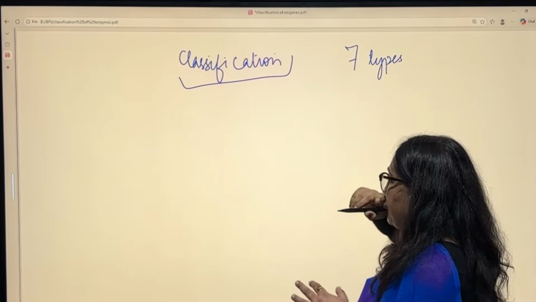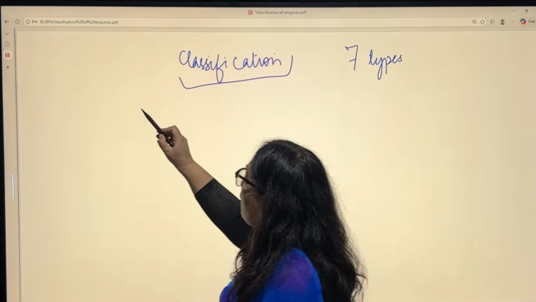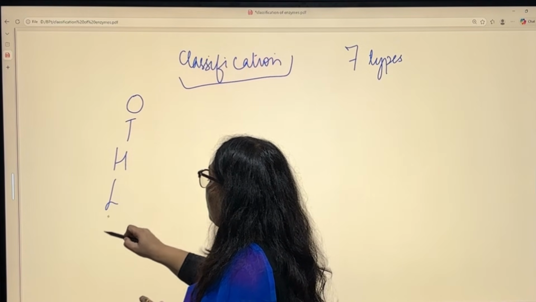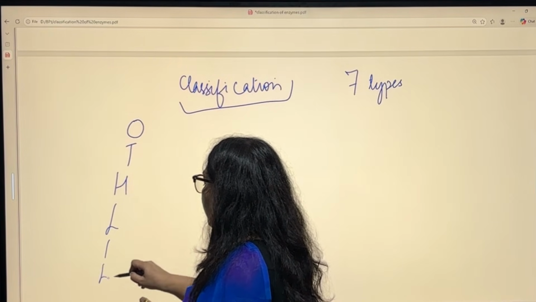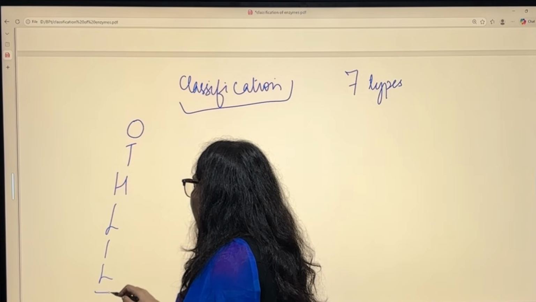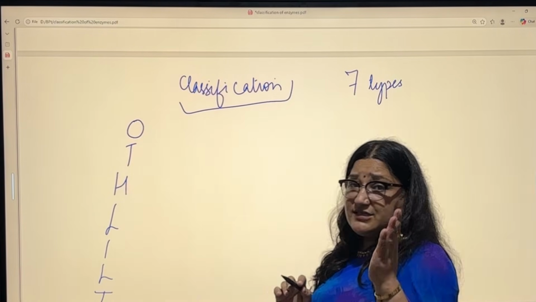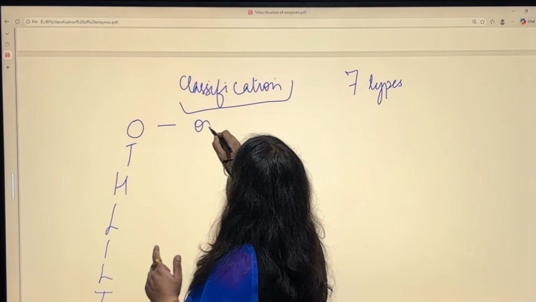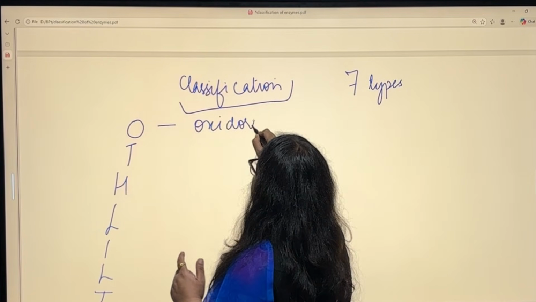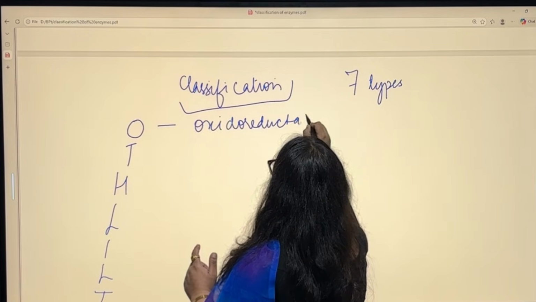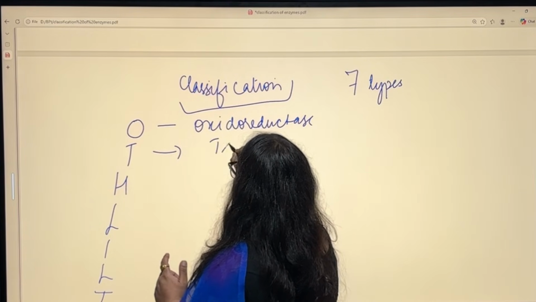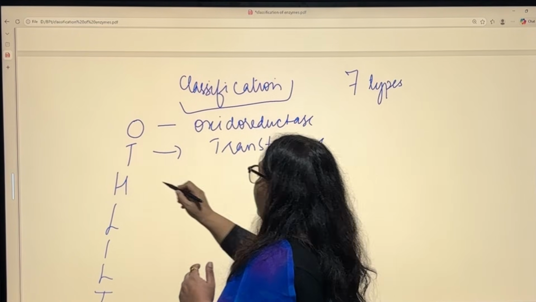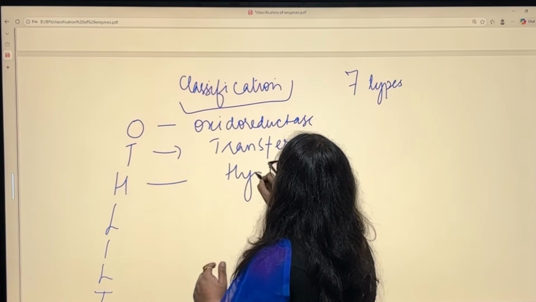Enzyme classification is of 7 types, and here is a short code to remember it. This short code is OTHLILT, where the last T is for translocases, which we have added just now. O is for oxidoreductases. T is for transferases. H is for hydrolases.